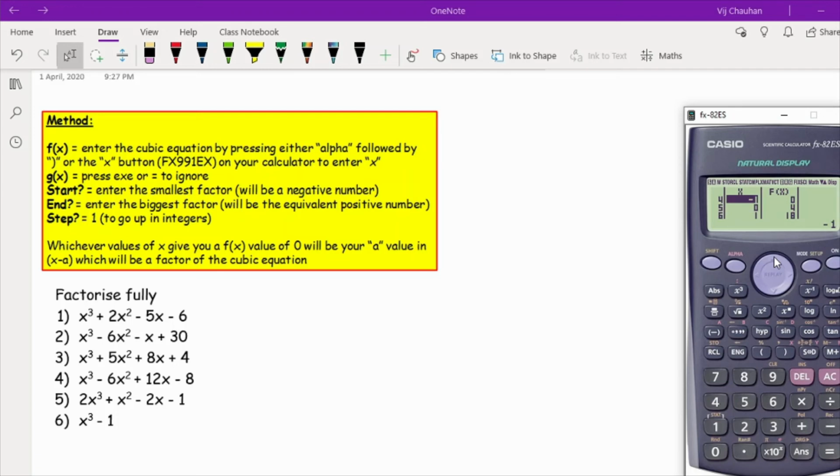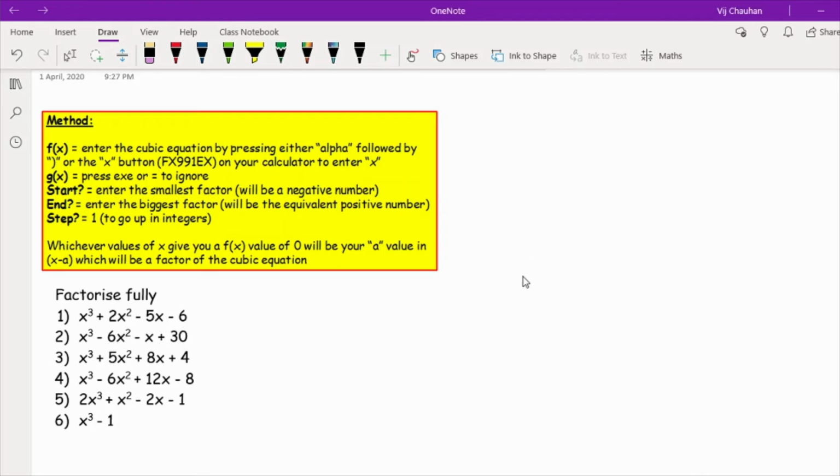Now when you factorise a polynomial, or a cubic equation in this case, I'm probably looking at a maximum of 3 brackets. However, this method has only found me 2 of the factors, at minus 2 and minus 1.